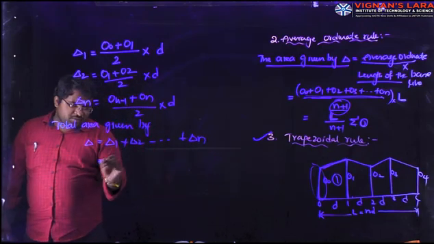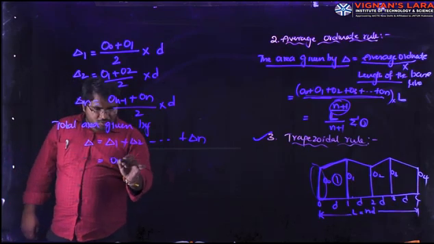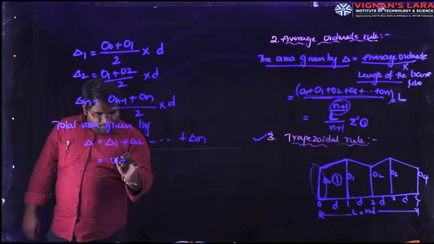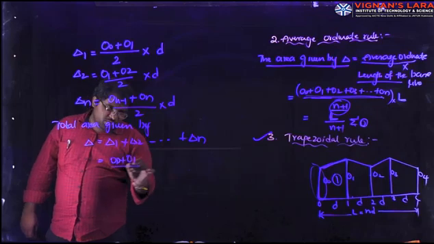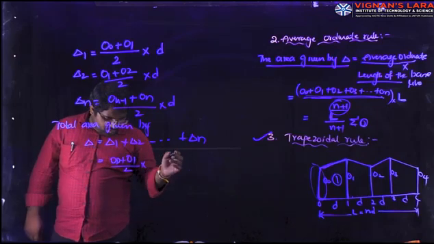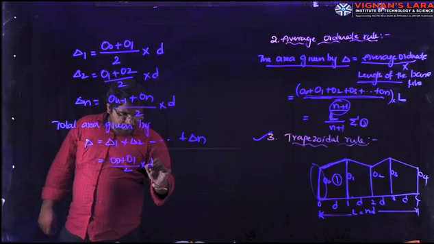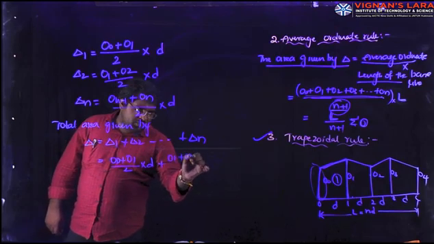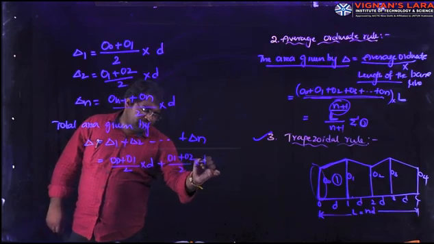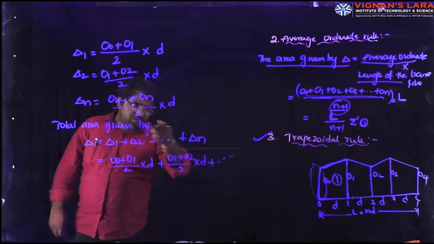Substituting these values: O0 plus O1 divided by 2 into d, plus O1 plus O2 divided by 2 into d, and so on up to the last value.